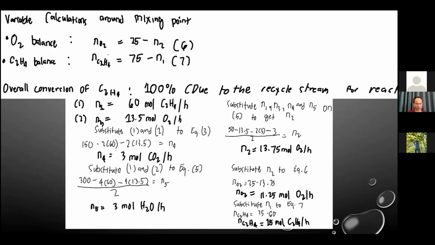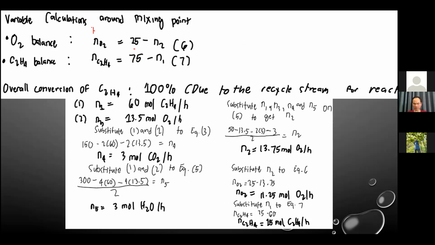So for the oxygen gas balance, the left hand side is the input and the right hand side is the output. So we're going to subtract 25 minus N2, and for the C2H4 is 75.